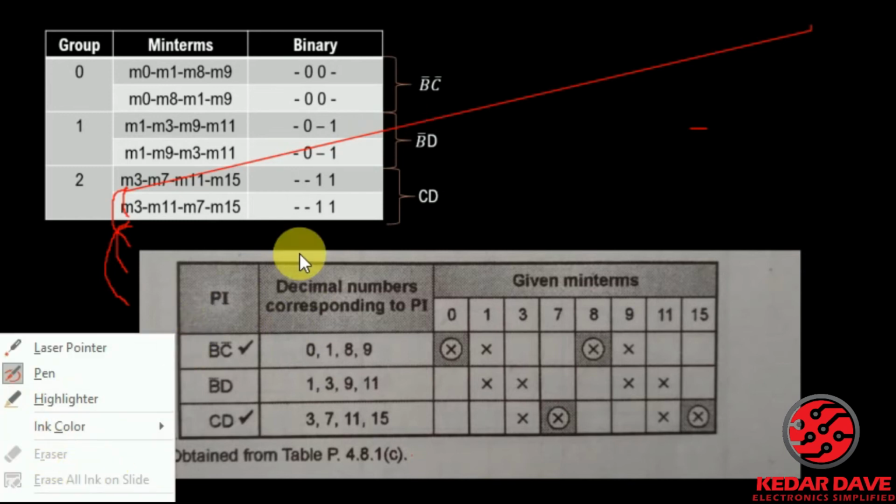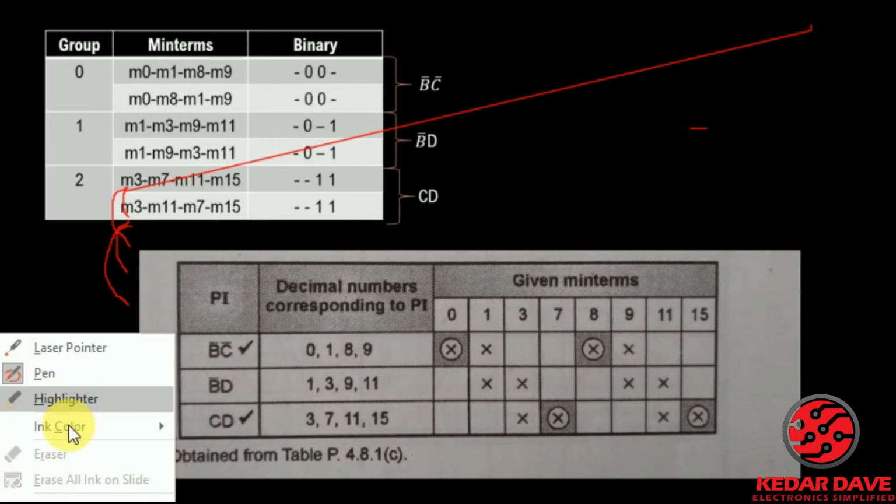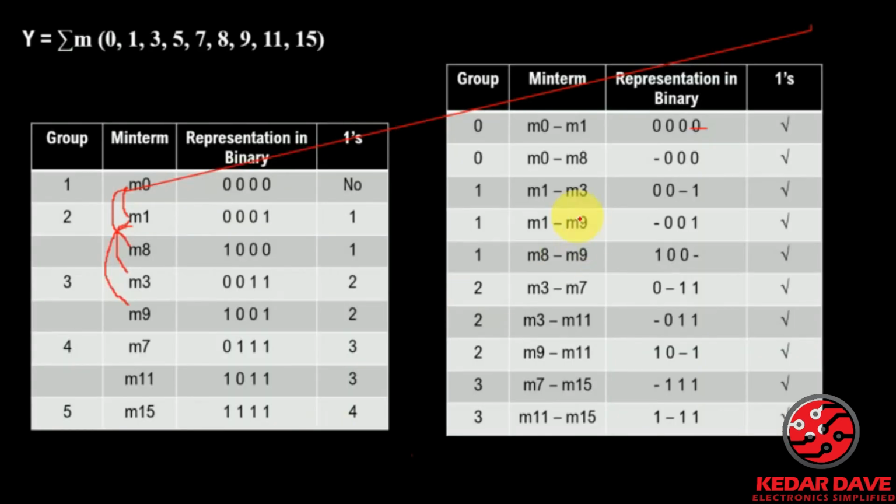After all this, the ink is all over the slide, so let's erase this. We will continue. Now the min terms will be like this, as we saw in the previous slide, and this is how it can be represented.